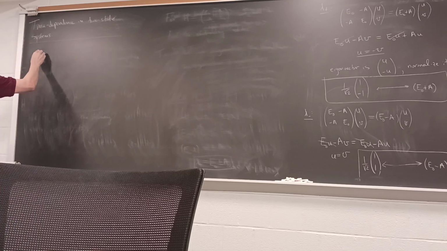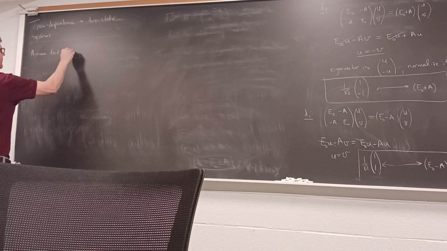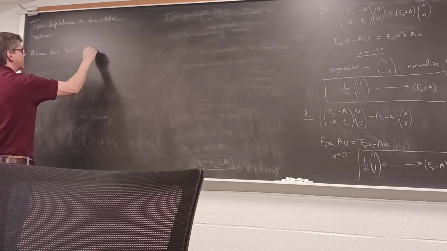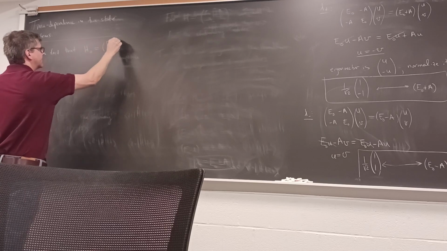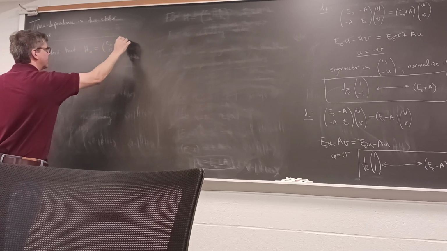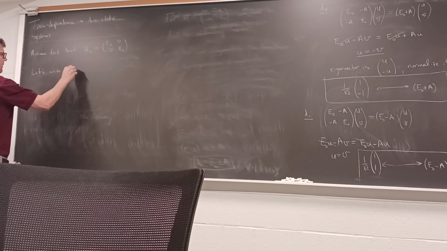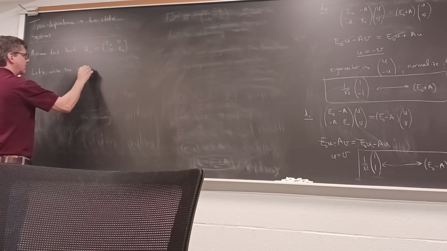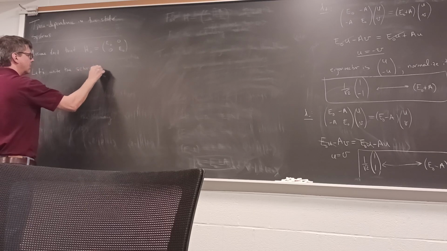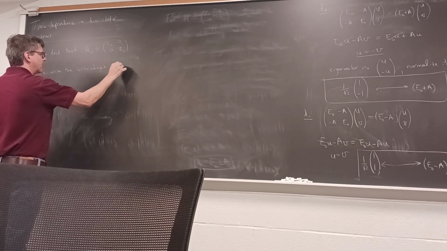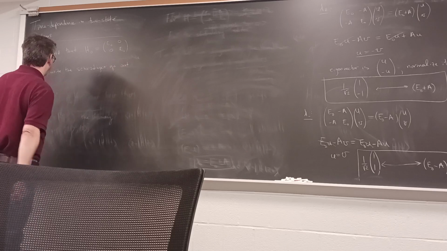So again, we will assume first that we have H0, which is just E0, 0, 0, E0 for our two states. And let's write the Schrödinger equation out by hand.